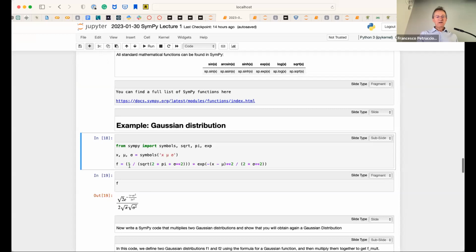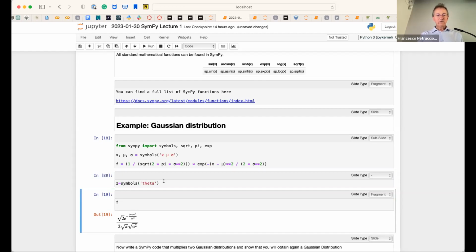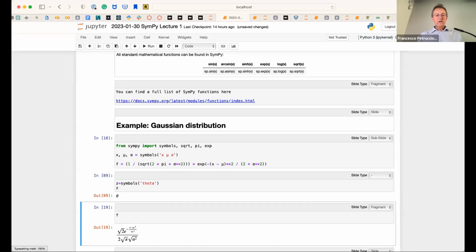Let's add a cell and try z equal symbols. Let's say, what do we have? Theta. And then we want z. Okay, now it doesn't work. To be honest, I don't know.